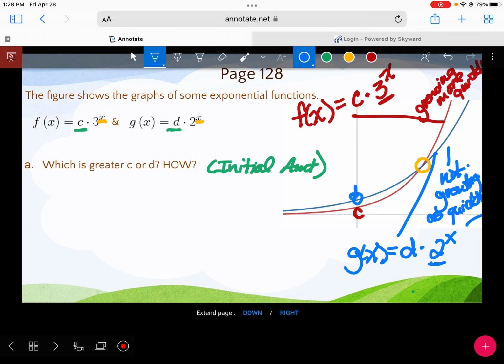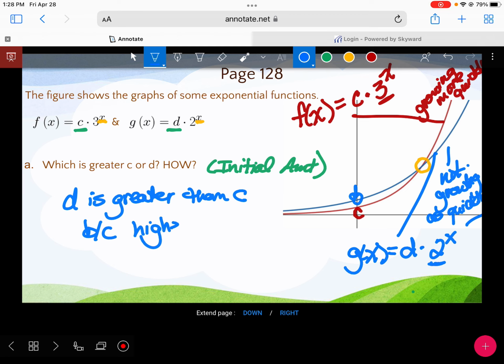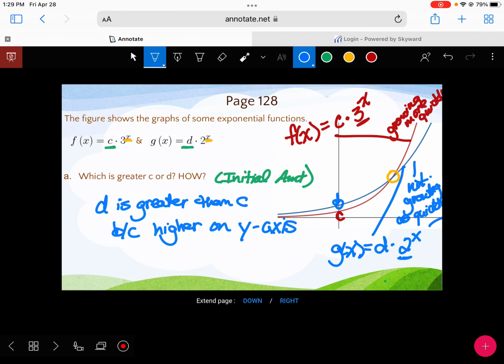Okay? So D is greater than C because it's higher on the y-axis. Does that make sense to you now? It is also the initial amounts in front of each equation, in front of each function.